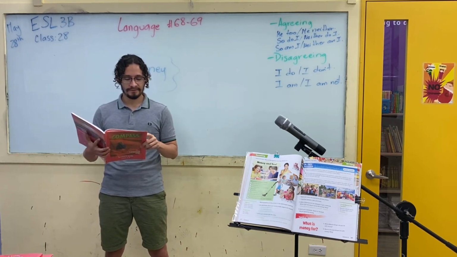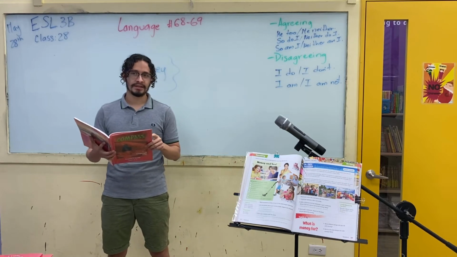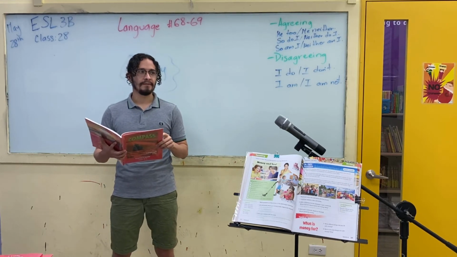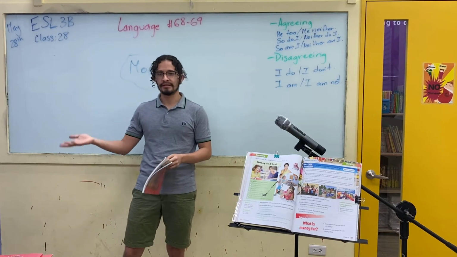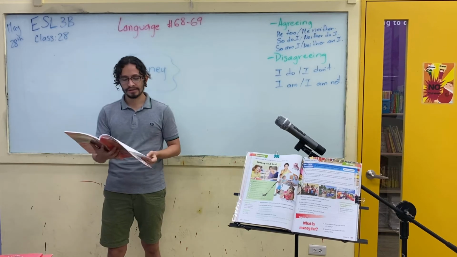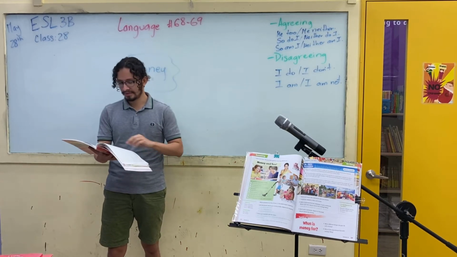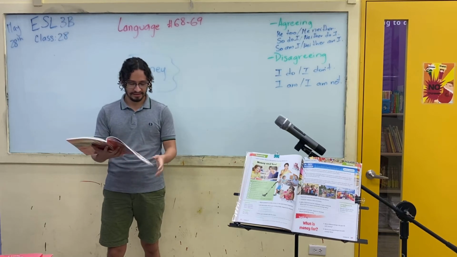Number five is valuable. Valuable things are things that you need to have a lot of money to get. So for example, my computer is very valuable. Okay, that was number five. We're going to do number six now.